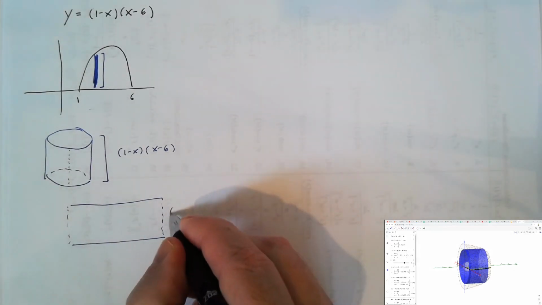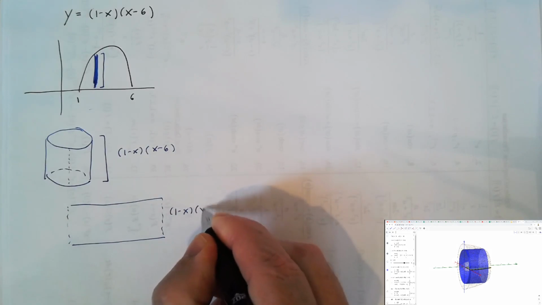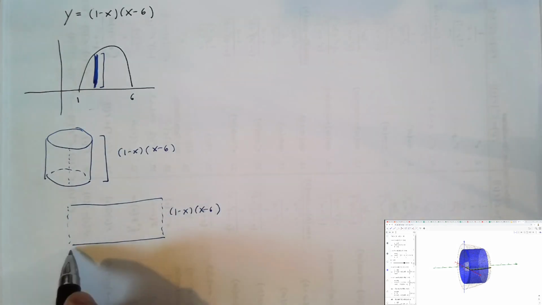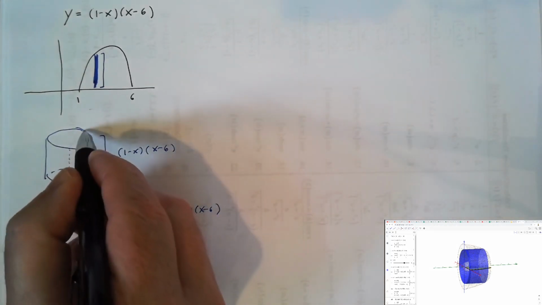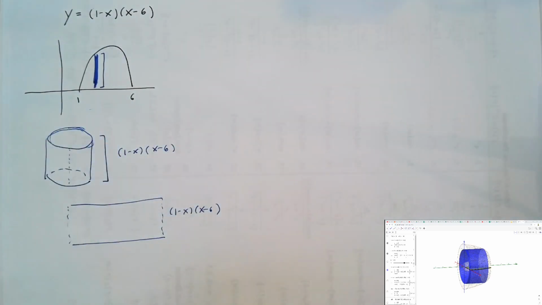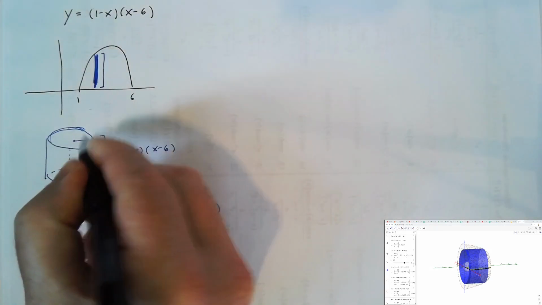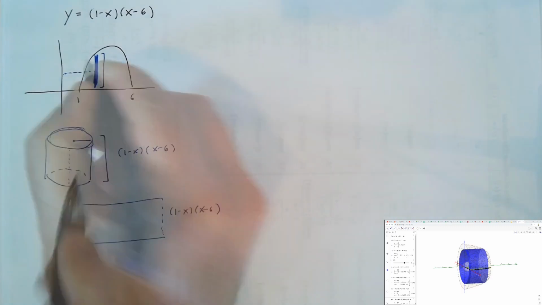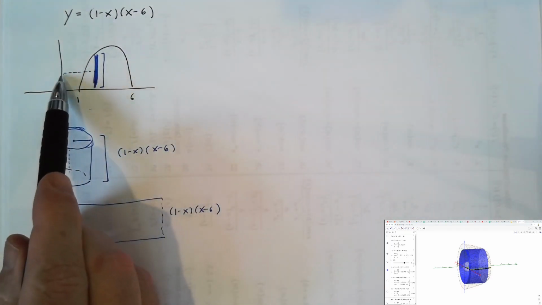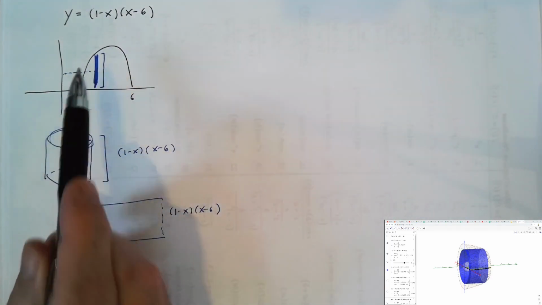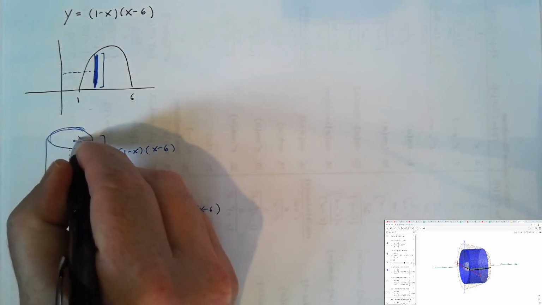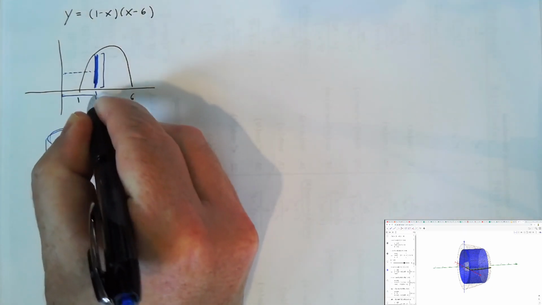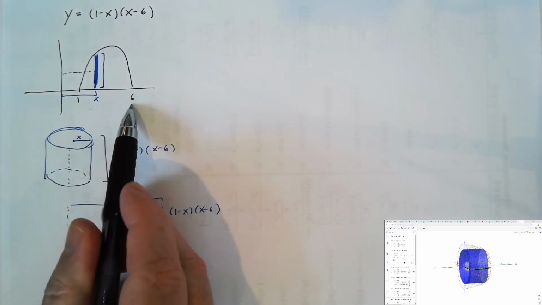The height of this rectangle is still the quantity 1 minus x times quantity x minus 6, and the base of this rectangle would be the circumference of the tube. The radius of this tube is the distance from the y-axis to the slice, which we can simply call x, as x ranges from 1 to 6.